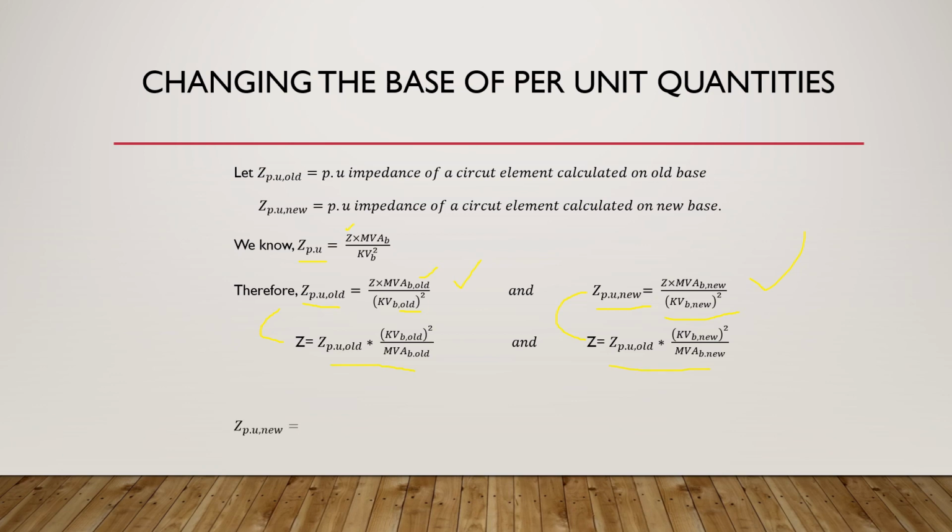If we equate and rearrange, we get Z per unit new equal to Z per unit old into kVB old by kVB new square, into MVA B new by MVA B old. In this way, we can change the base value of per unit quantities.